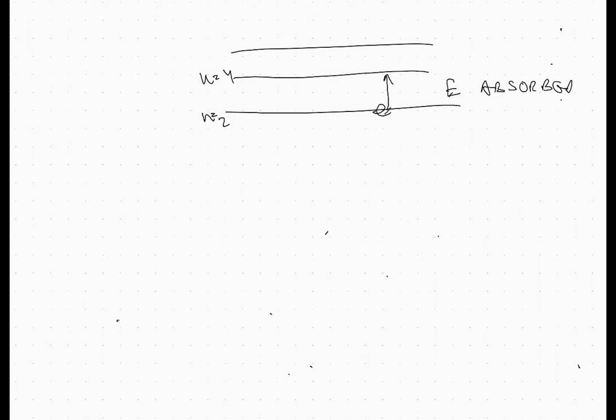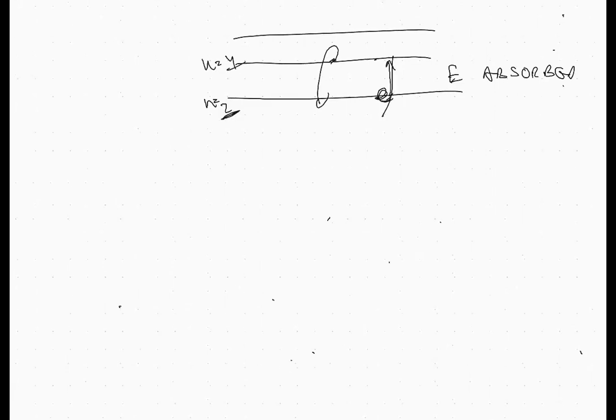When it stays there for some time and then comes back, energy is emitted. That's the emission energy. So remember, absorption is from the lower level to higher, n equals 2 to n equals 4, lower number to higher number. When it is coming back, energy is emitted. The energy that is absorbed here is given out here.